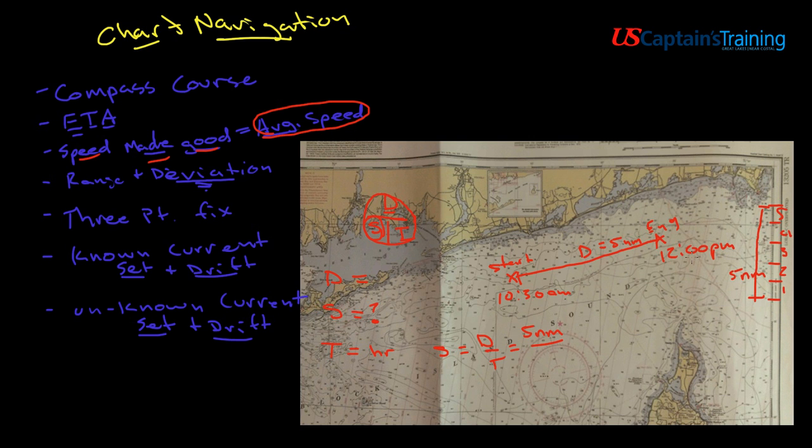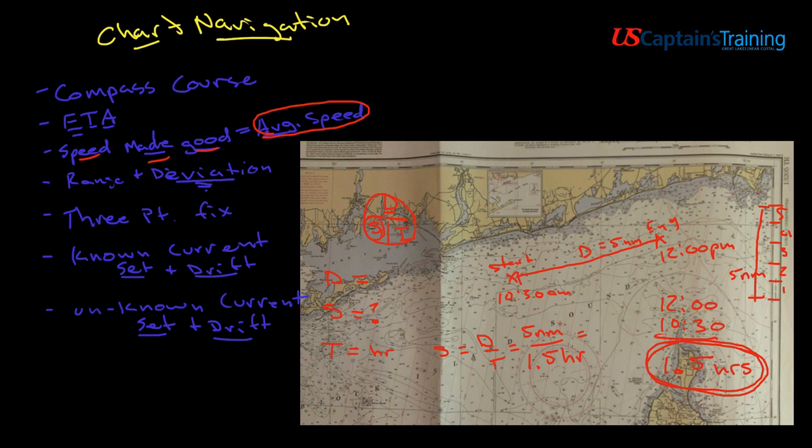Well, we got there at noon and we left at 10:30. So if we say 12 minus 10:30, we get 1.5 hours. If you take the course, you'll see why we're only in hours here. It's because speed is in nautical miles an hour. So if we do this, we get the average speed.